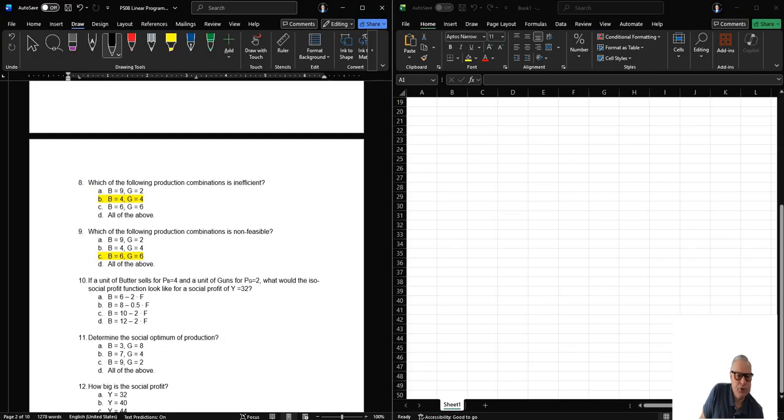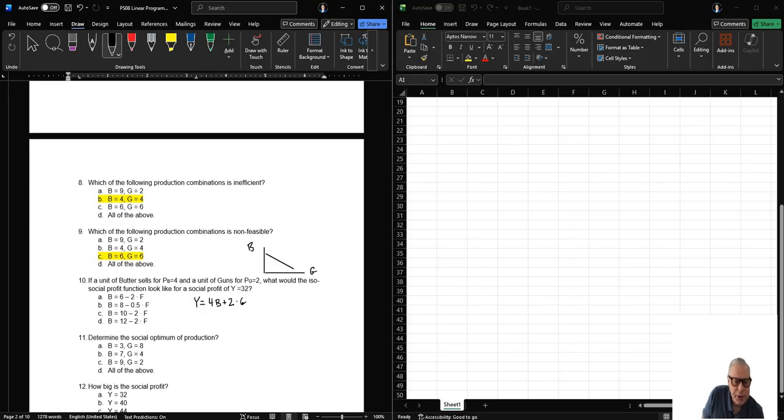Okay, so we say then y equals 4 times b plus 2 times guns. That's the general formula. So now we want to rearrange this formula to fit our graph where we have b on the y-axis and guns on the x-axis. So we need an iso profit line that looks something like this.